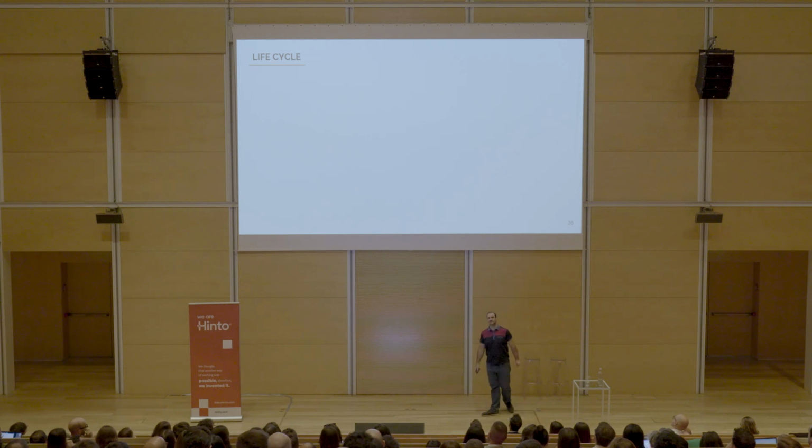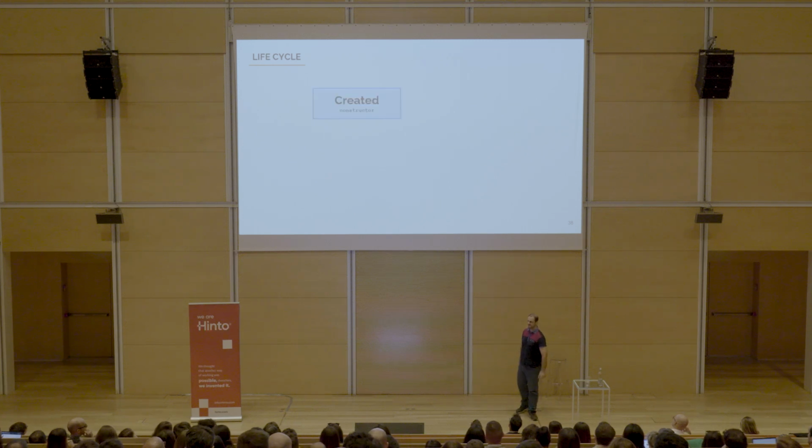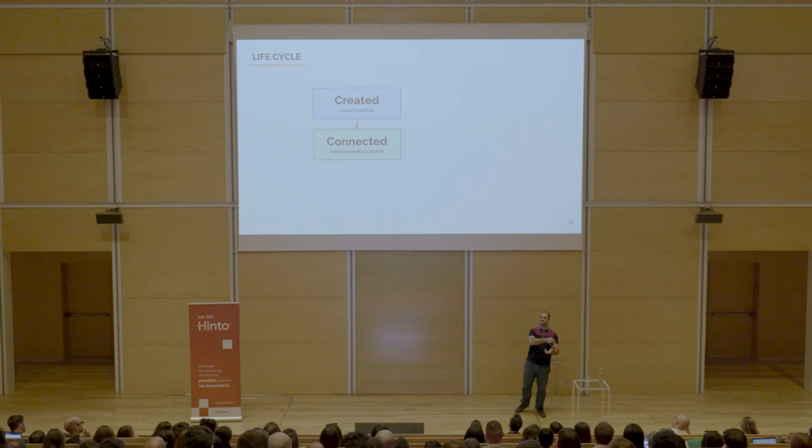And what about the life cycle? Of course, you must know when to act in reaction to something that happens. Of course, there's the constructor, since we are talking about a class. Then you can define a method, connectedCallback, which is called every time the element is connected to the DOM, to the page.